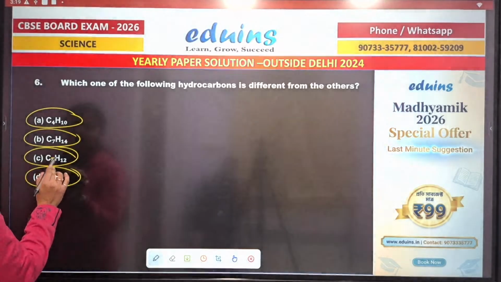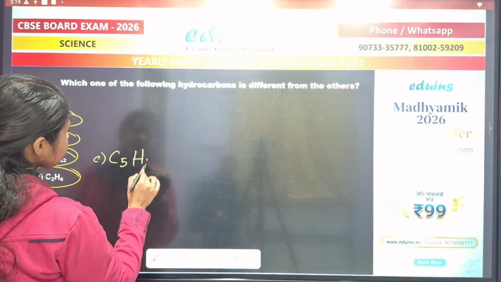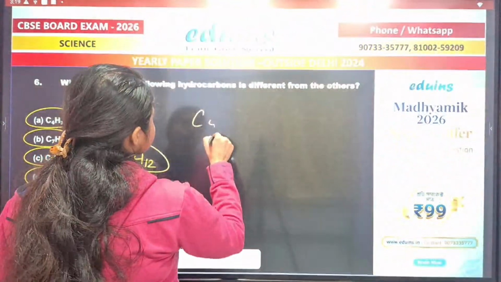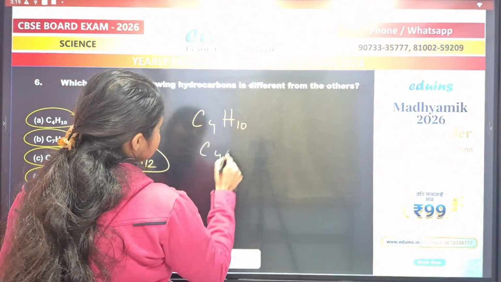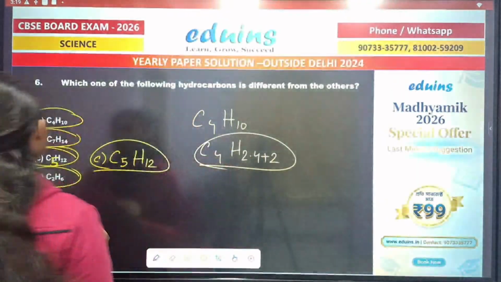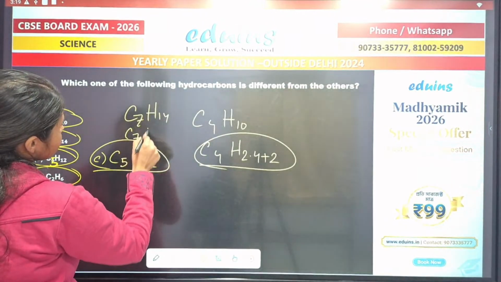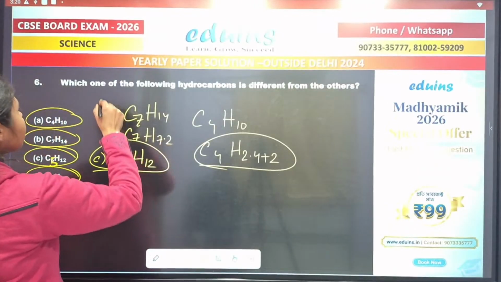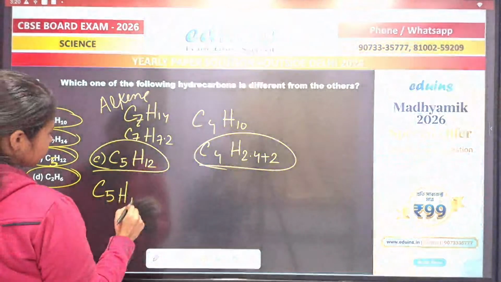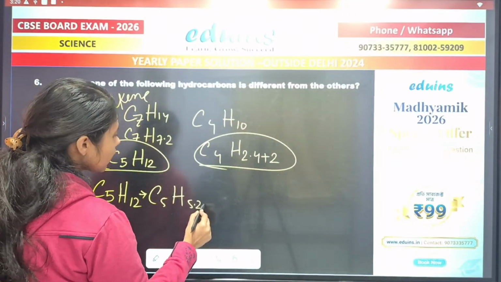So option C is C5H12. And C4H10 is in the alkane group. C7H14 is 7 into 2, the alkene group. C5H12 also belongs to the alkane group.